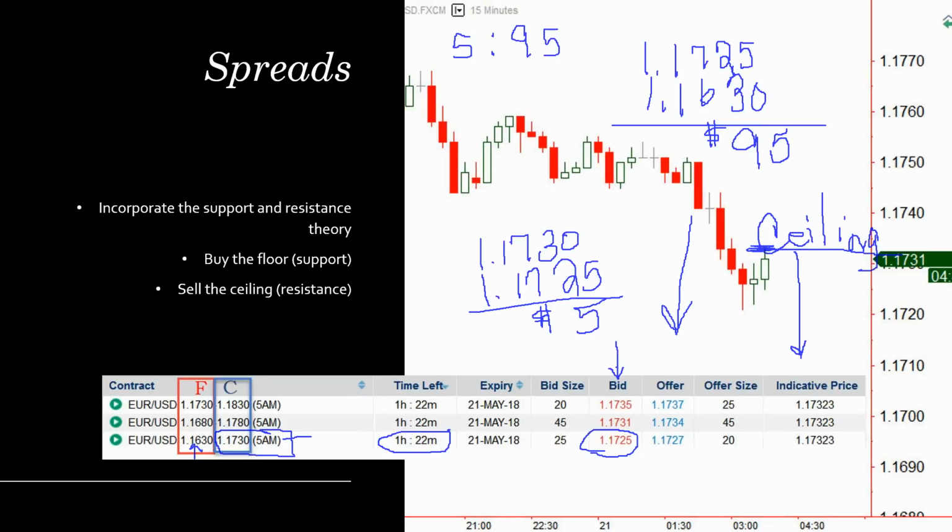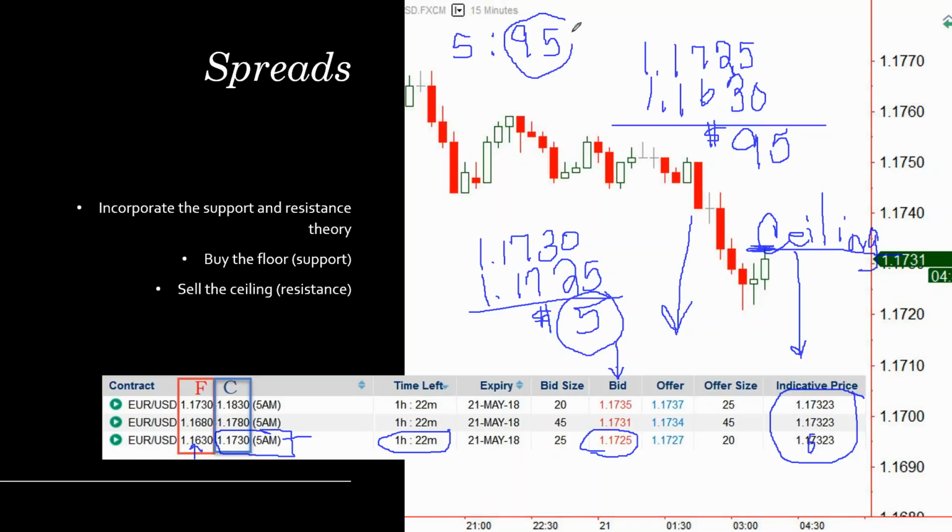Now, how is your profit actually determined? This is where the price in this column comes in. Let's say that at expiration, price was at 1.1732. Then you would have lost the $5. What if this price was, let's say, 1.1632 and you were short?